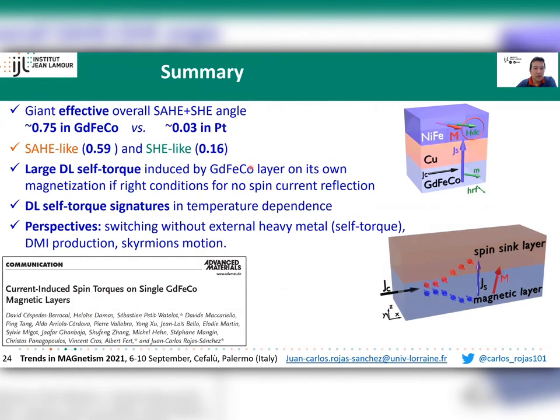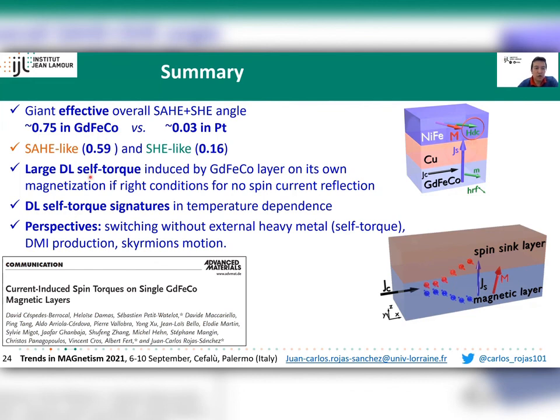I have shown you that we have a giant effective overall spin anomalous Hall effect plus spin Hall angle in this gadolinium iron cobalt copper system. And even more, we were able to disentangle, combining damping modulation and the second harmonic technique, the symmetry of this charge-spin current conversion.